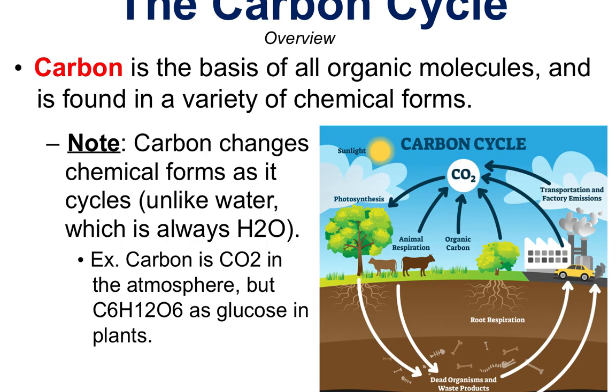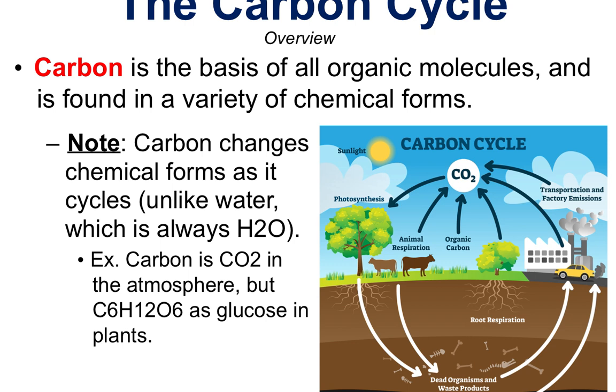Alrighty, on to the carbon cycle. Carbon is the basic organic element for all living organic molecules on the planet. And it's found in a variety of different forms, not just elemental carbon or carbon dioxide. Carbon changes its form, unlike water, which always stays as H2O.